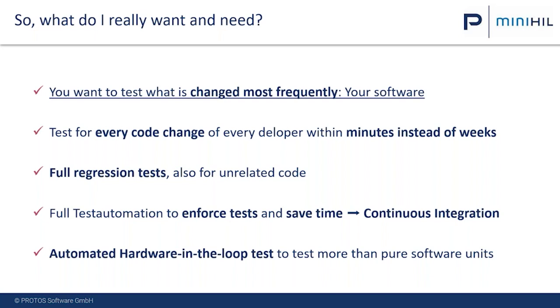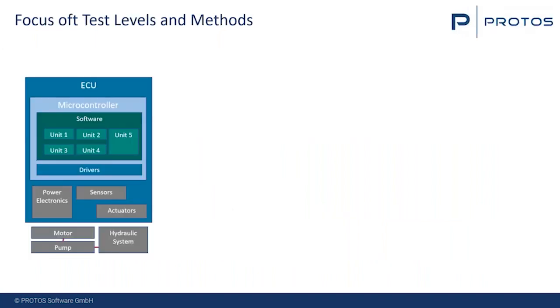Apart from unit tests, you also need automated hardware-in-the-loop tests, because you have more than software units. If it's pure software, then the unit tests are really good. If it's embedded software with drivers and so on, that's just not sufficient. So you need more than unit tests. Let's have a look at the different test levels and test methods.